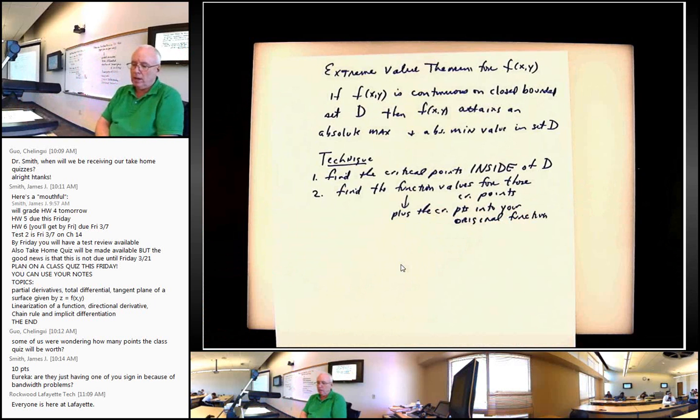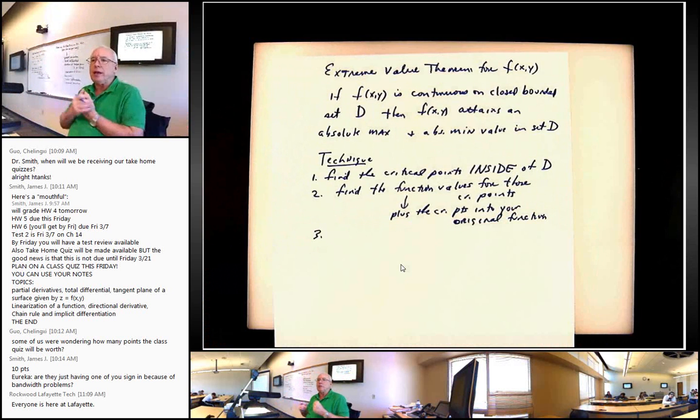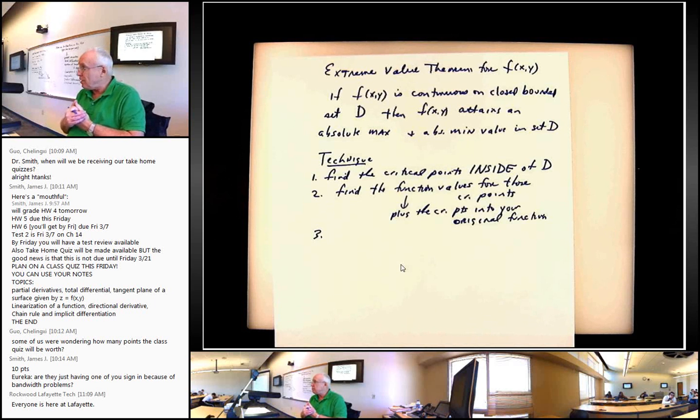And then, these biggest and smallest values could occur on the boundary also. So now you have to find the biggest and smallest values of the function along the boundary. And this can be a little bit of the difficulty with this process.